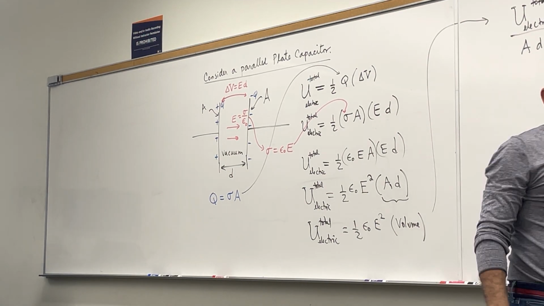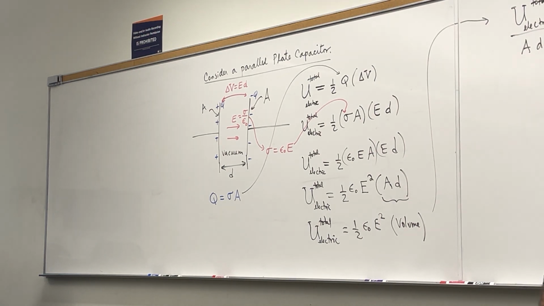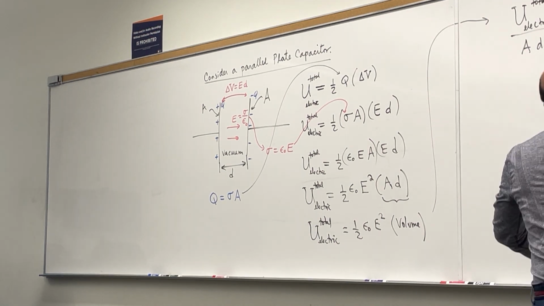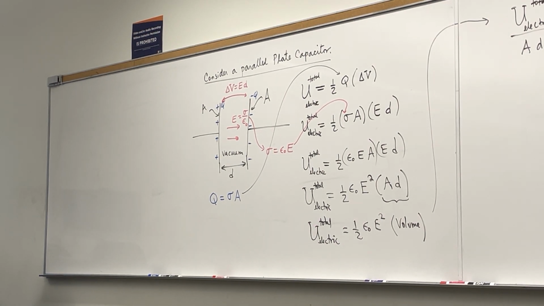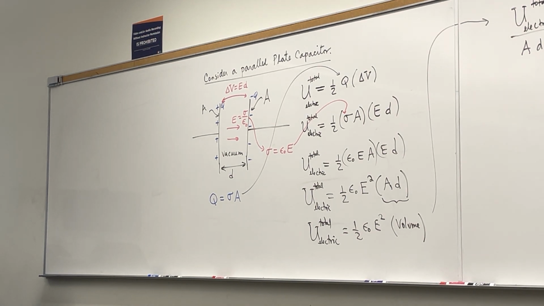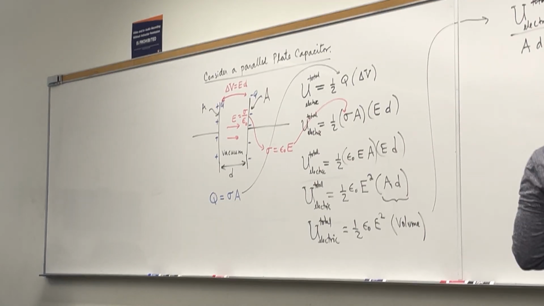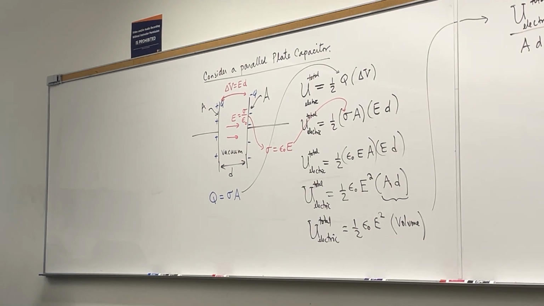If you have something per unit length, per unit area, per unit volume, you use the word density. If you divide by time, you call it rate. That's usually labeled with a lowercase u, not capital U, and that will be 1/2 epsilon naught E squared.